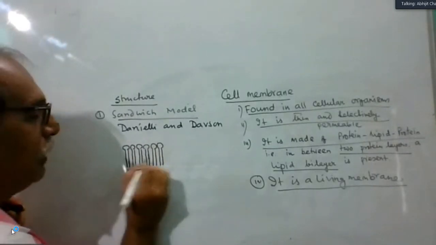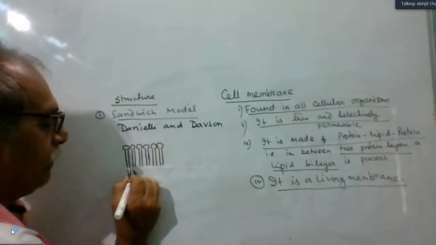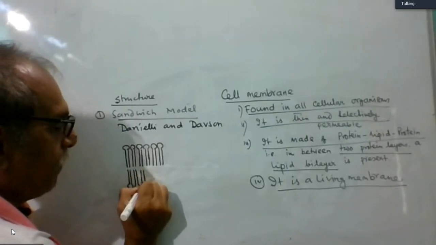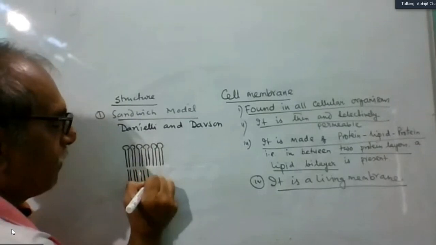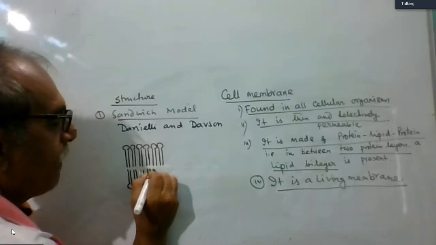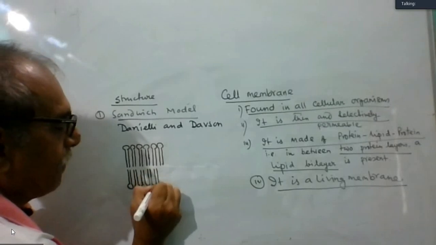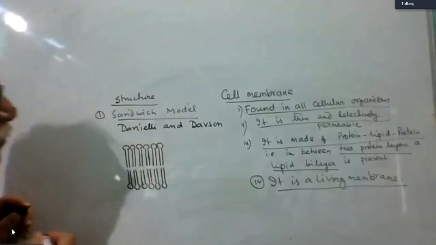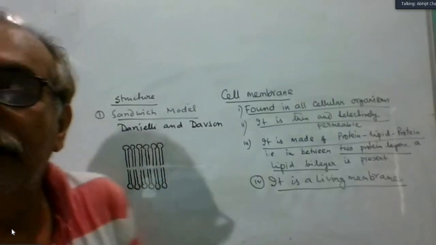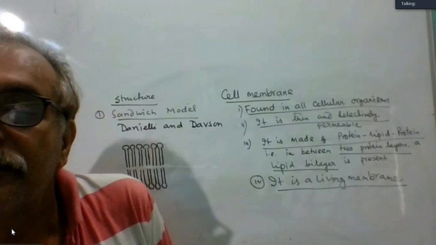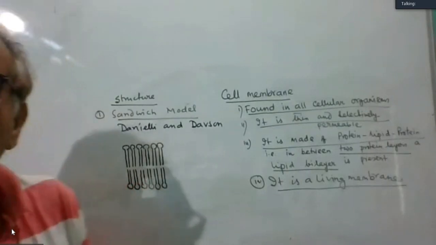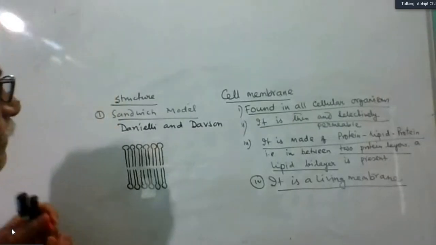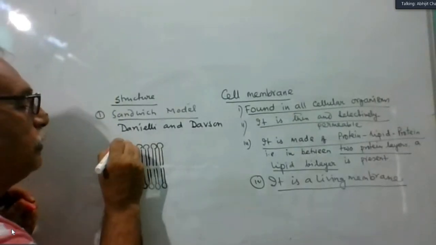So this is actually one lipid layer. Now I am drawing the other lipid layer. So it's a lipid bilayer, and just outer to which the protein layers are present.